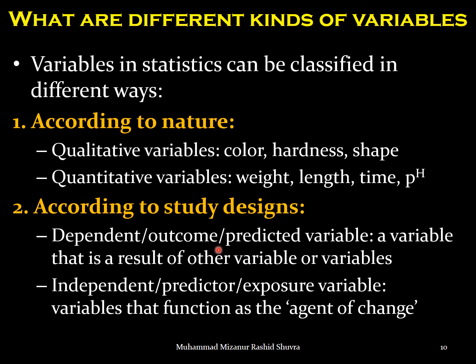They're just called differently in different textbooks or situations, but they mean all the same things, and we'll see them in detail later. So a dependent variable, we'll discuss what they are, but briefly, a variable that is a result of other variable or variables. So it's dependent on something. It's a result, so it becomes an outcome of something. Okay, it's a predicted variable because it is a result, so it has been predicted.